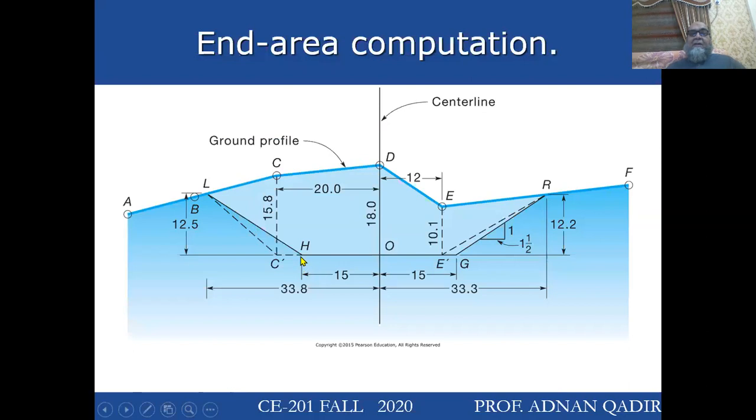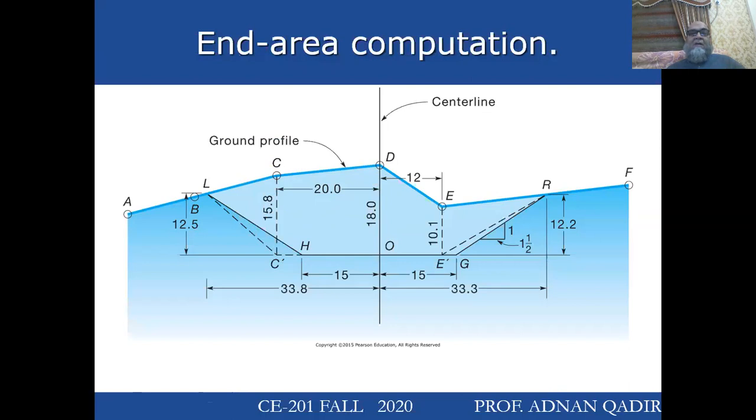you see O, D, C, C dash. So this is one figure, and this is a trapezoid, right? And this trapezoid has a width of 20 feet, one height 18, and the other height is 15.8.